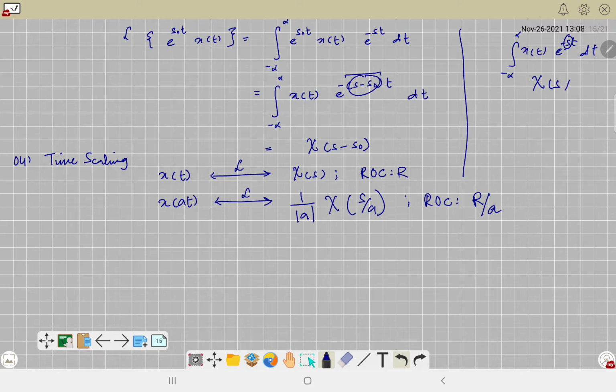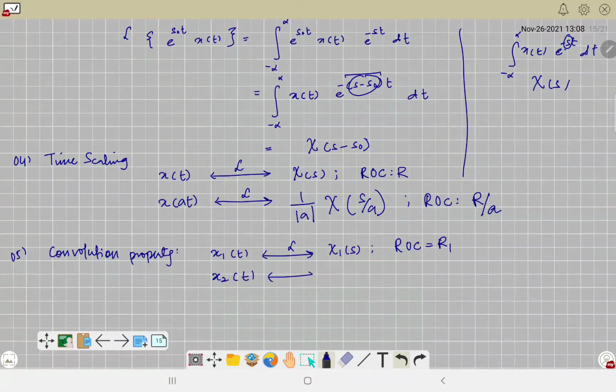Okay. Then we again have a famous property of convolution, wherein we have two signals x1 of t, Laplace transform x1 of s, region of convergence R1, then x2 of t, Laplace transform x2 of s, region of convergence R2.